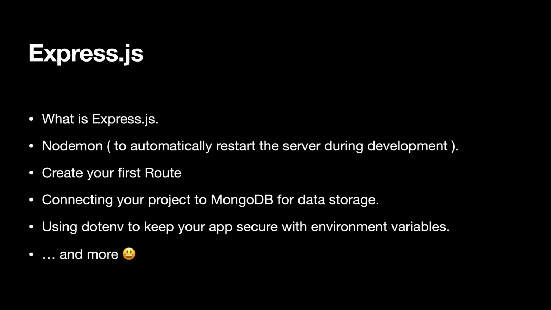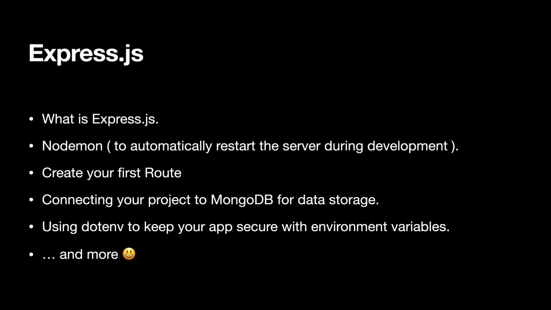In this section, we'll dive into Express.js, the most popular framework for building web applications with Node.js. Express makes it simple to create routes, handle requests, connect to a database, and keep your project organized. What you'll learn in this section: what Express.js is and why it's so widely used. And we will use Nodemon to automatically restart the server during development.